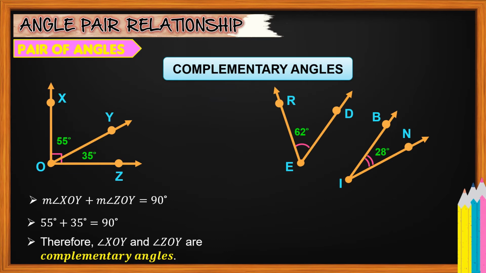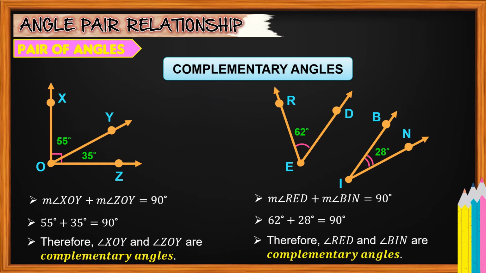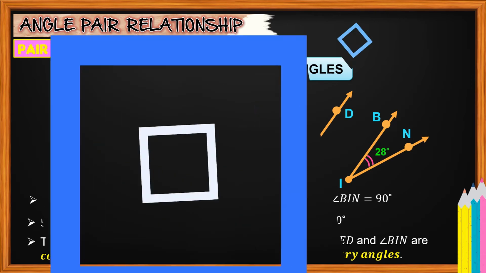Now for the second figure, the measure of angle RAD plus the measure of angle BIN is equal to 90 degrees. If we substitute the given values, we have 62 degrees plus 28 degrees is equal to 90 degrees. Therefore, angle RAD and angle BIN are complementary angles.